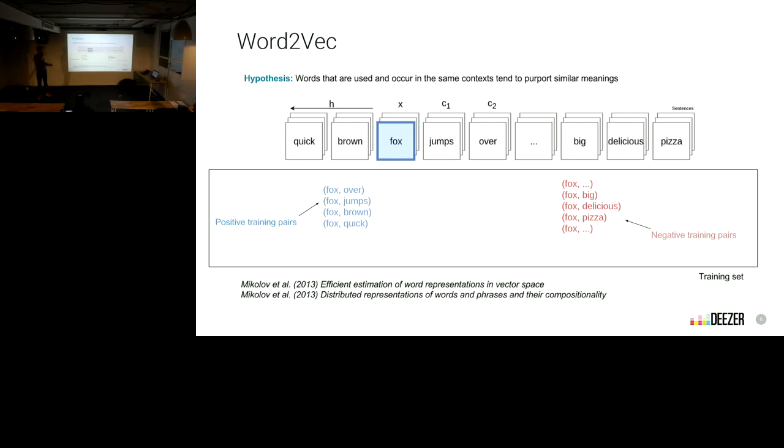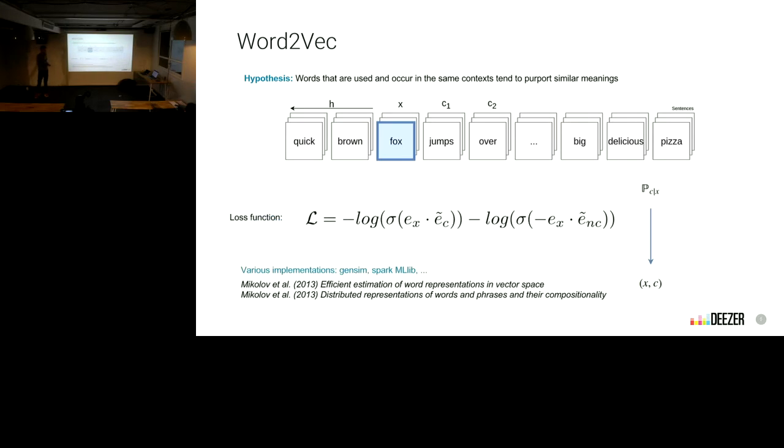And so once you get these positive training pairs and negative training pairs, you can combine them to get your training set. Then you can use this training set with a two-matrix model and a loss function. Roughly, this loss function has two terms. The first term says that the embedding of the word fox and the contextual embedding of a word that appears in the context window of fox, such as brown, should be pushed together.